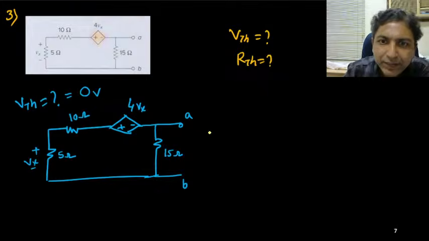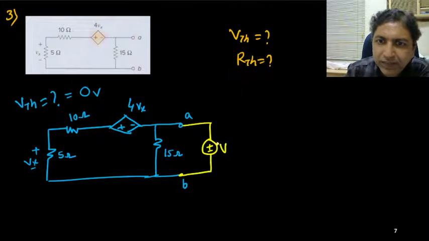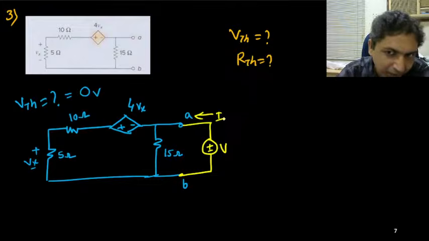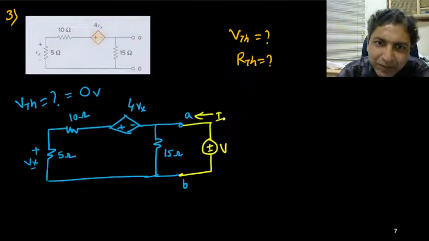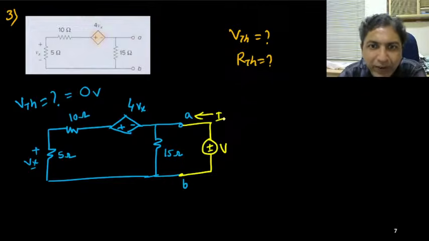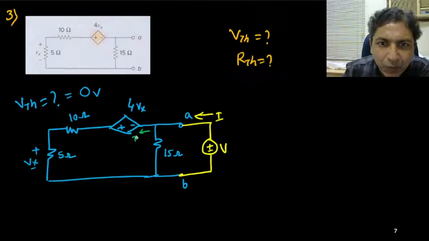We will connect a voltage source V here, and we will assume that the source will provide current capital I. So this V upon I is nothing but RTH. Okay, so that we need to find out. So here, to solve this, first I will assume that this current is, suppose, I1.